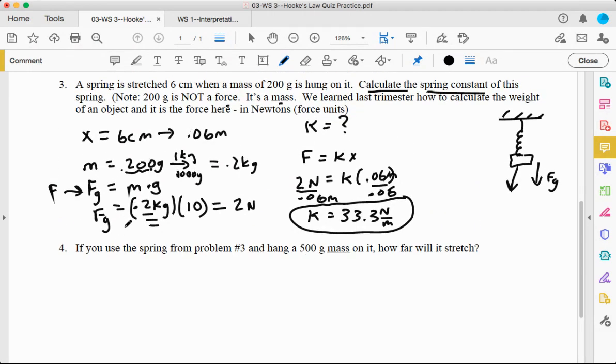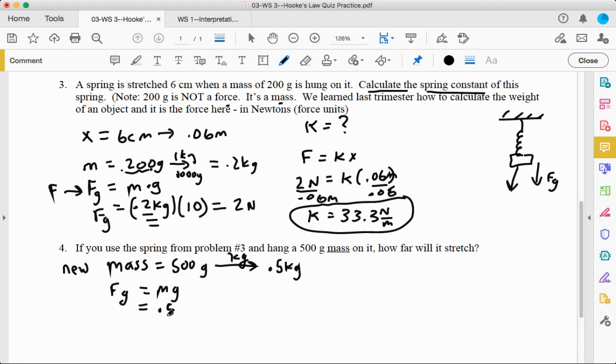Continuing on from question 3, this time our new mass is 500 grams. Convert that to kilograms, and that is 0.5 kilograms. We have to use that because our new force of gravity is based on that.